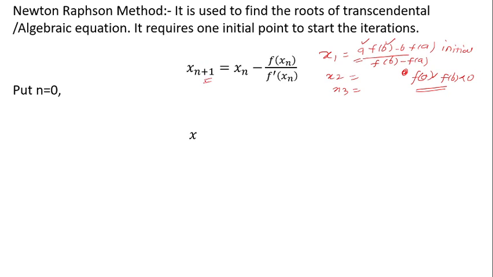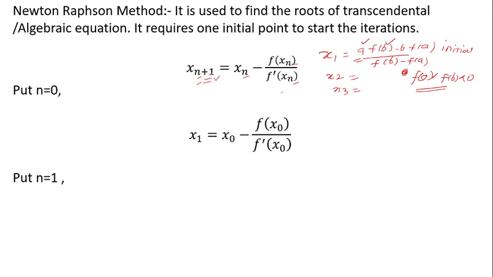We get x1 is equal to x0 minus f of x0 divided by f dash of x0. Means we just replace this value of n by 0, so we get x1, here it is 0, 0, 0. Now this is the first iteration. Now similarly, when we put n is equal to 1, what we'll get?